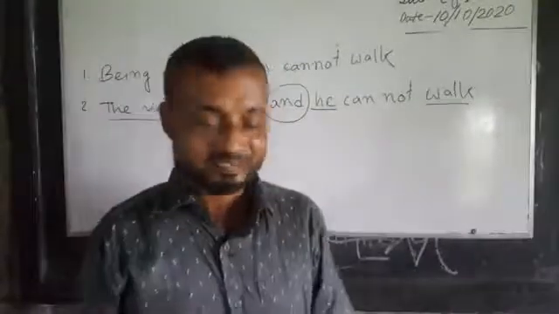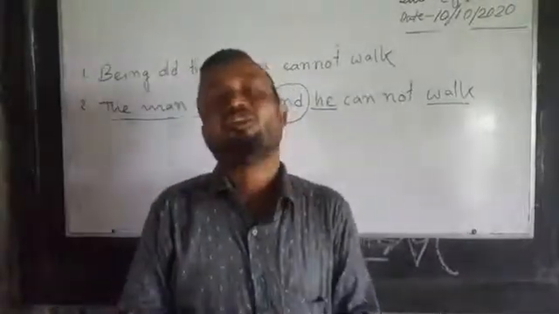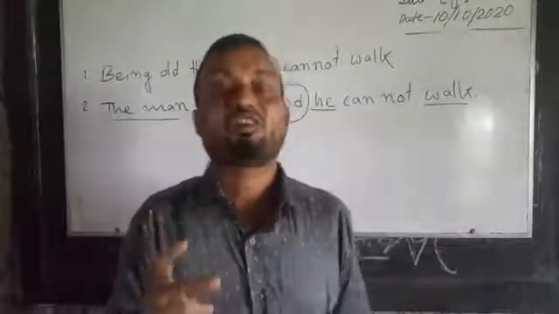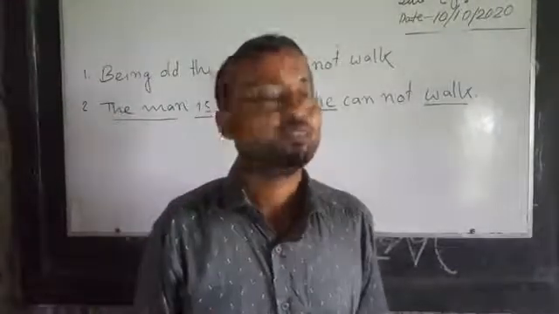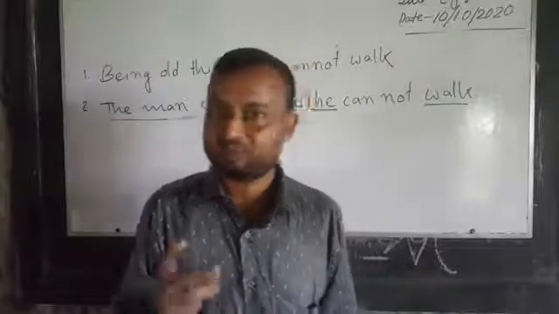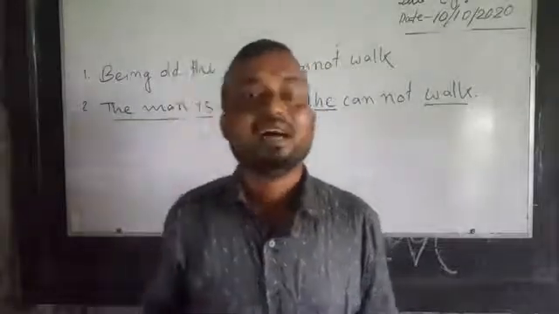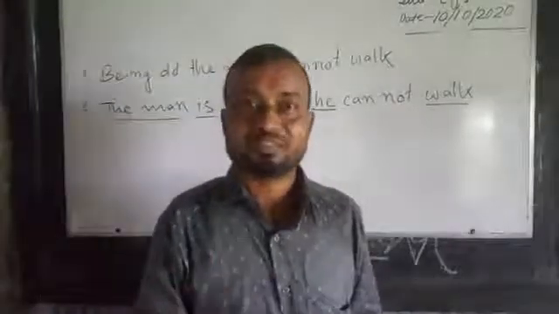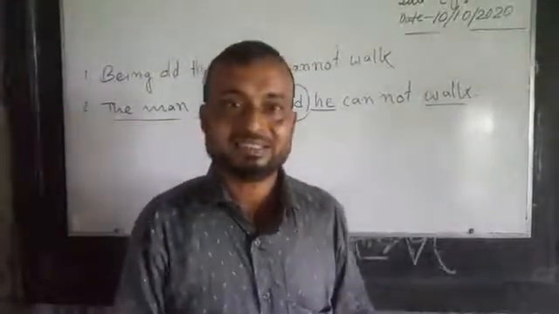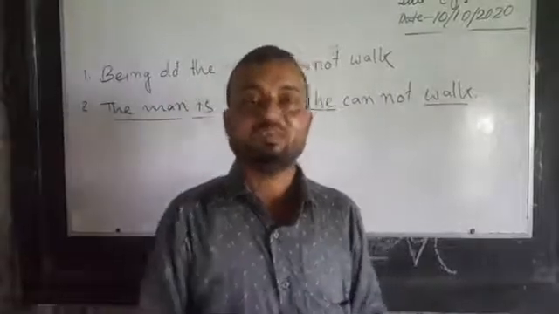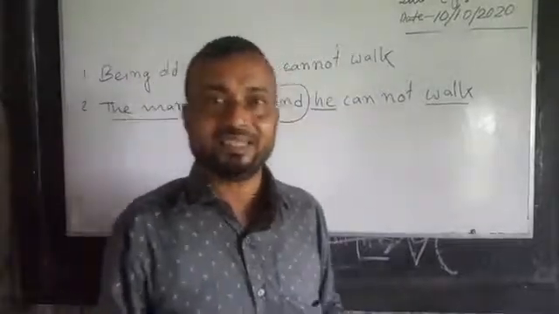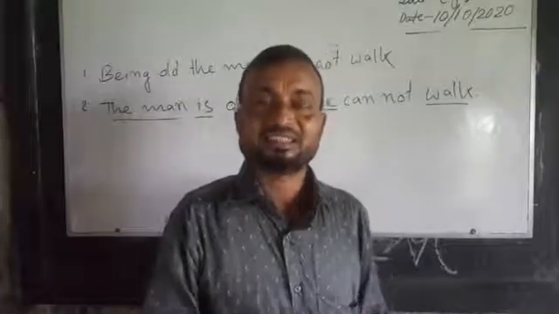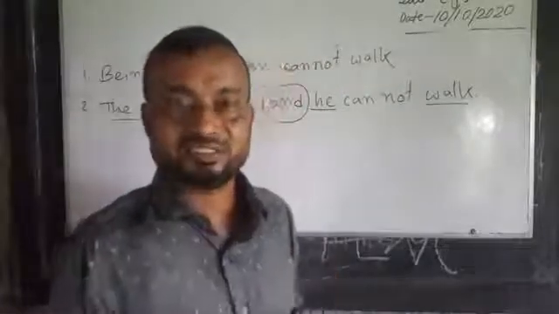So when a sentence contains two or more finite verbs, and also more than one subject, connected with a coordinating connector, then it's called a compound sentence.